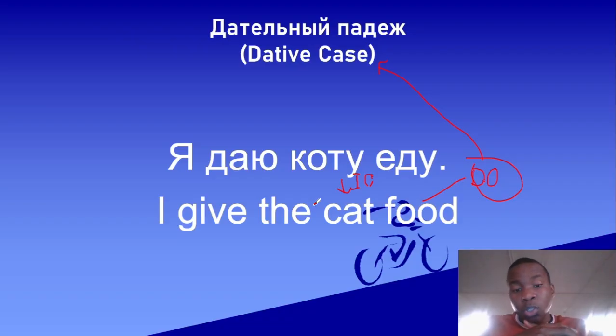So, I give the cat food. The food is our direct object. We have that food and we are giving it to the cat. So the cat is indirectly getting the food from us. That's the best way that I can explain that.